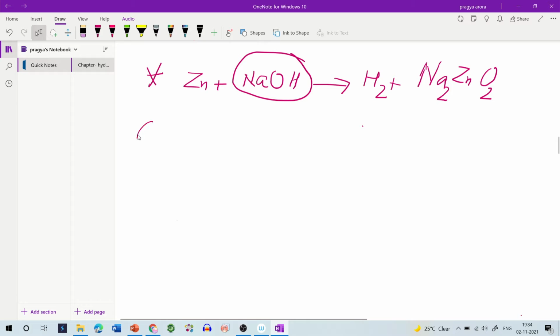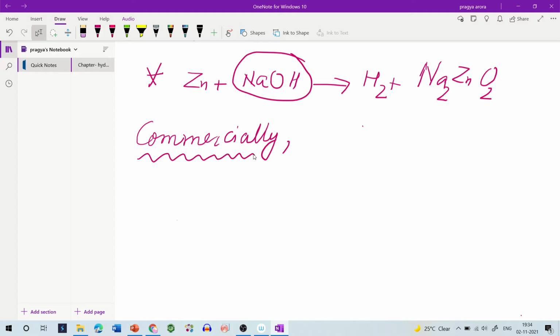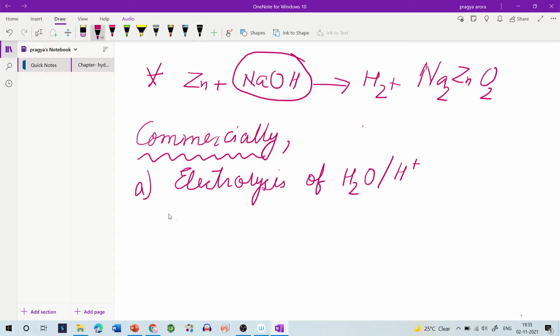Commercially, hydrogen is produced by electrolysis of water, acidified water. As we know, electrolysis is the process where electricity is provided in a cell containing two electrodes.